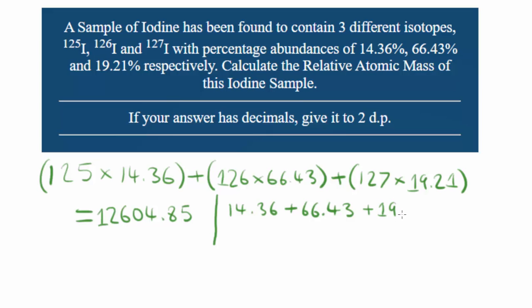That is what we're going to come to, but as I said, sometimes it might not actually be 100. You have to check, and if you work it out on a calculator, that will come to 100%. And what that tells us is that this is the number we need to divide by. So that's going to be divided by 100.